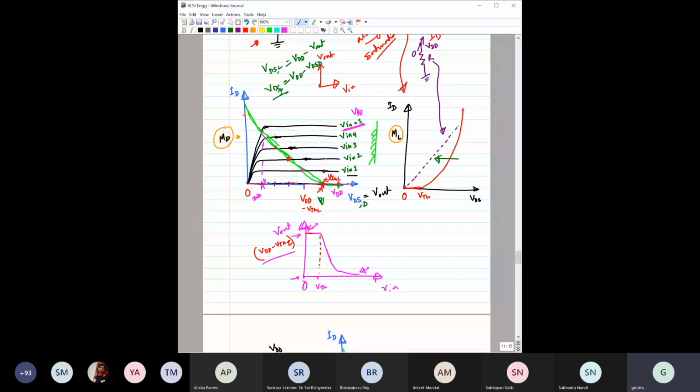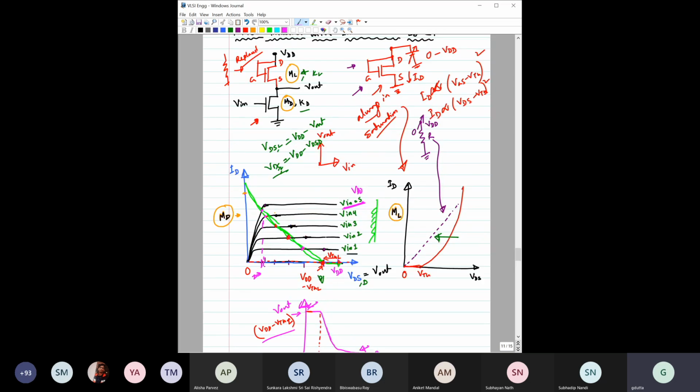The minimum output voltage is higher than 0 and the maximum output voltage is lower than VDD. So even though this solves the issue of large area, it is again not a very good design, right?